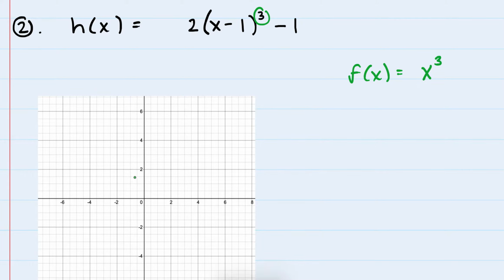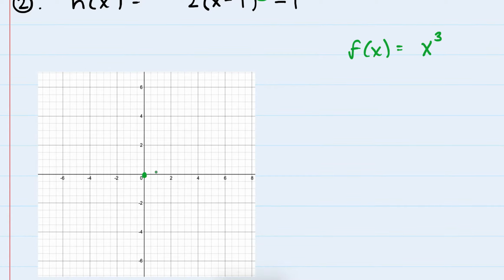Let's draw that function. So x cubed goes through 0, 0, goes through 1, 1, and it goes through negative 1, negative 1. And we can do some more points too, like 2, 8. But the graph is going to look like this. And I would make my points pretty big so they're easy to see here.